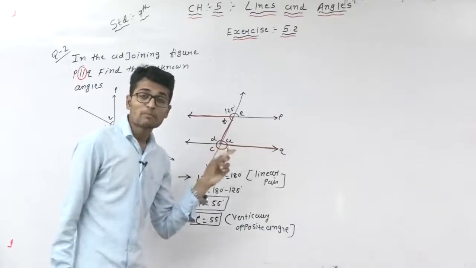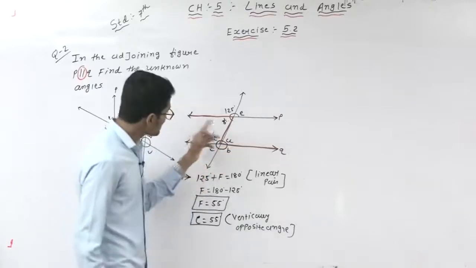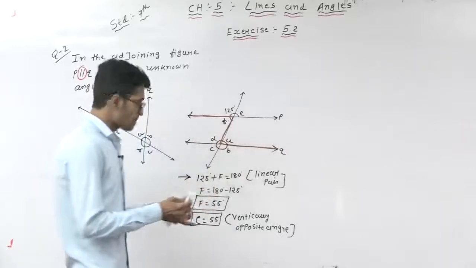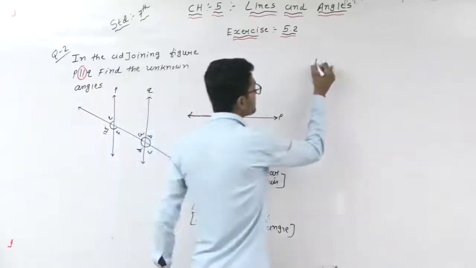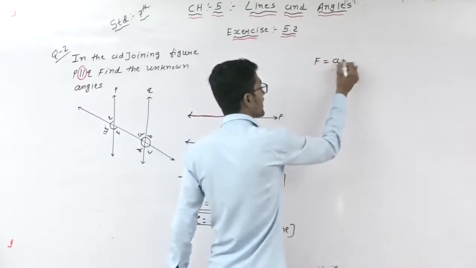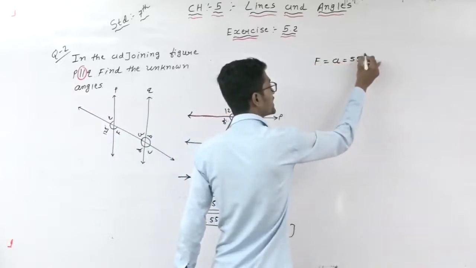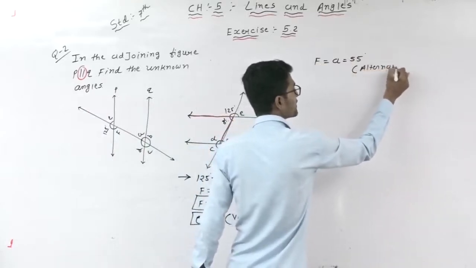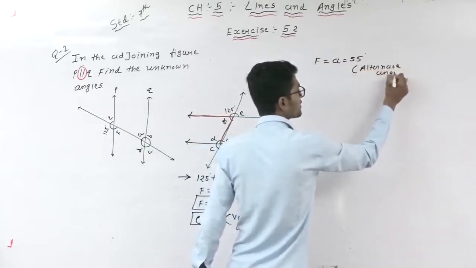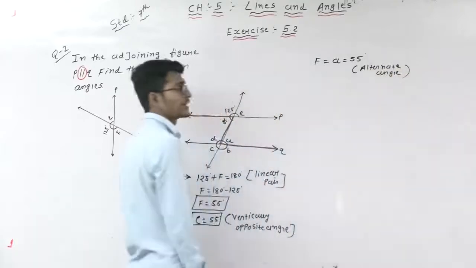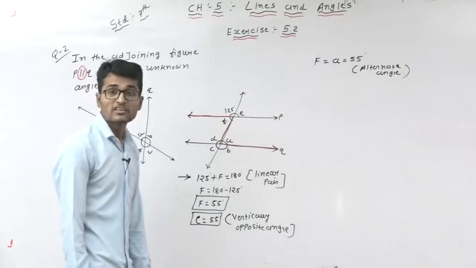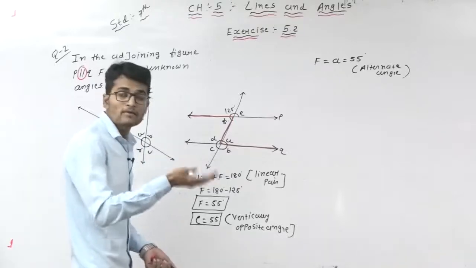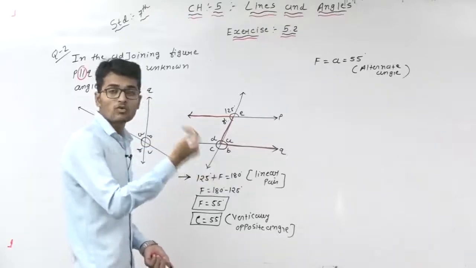Why? Because this is a pair of alternate angles, and alternate angle pairs are equal. So F is equal to A is equal to 55.